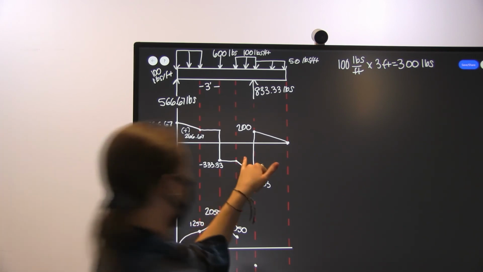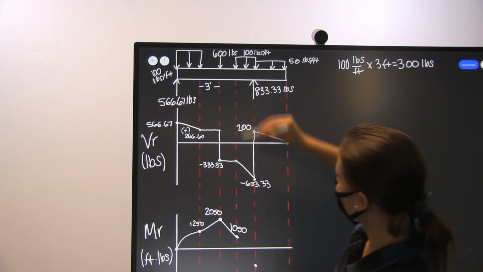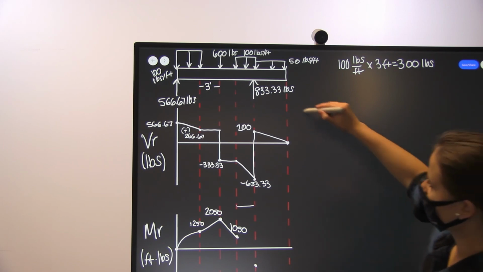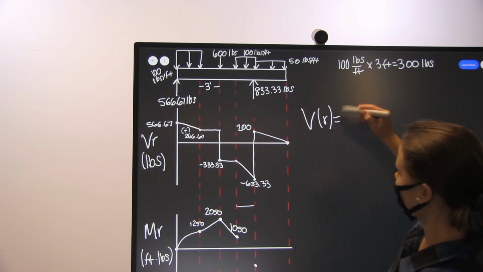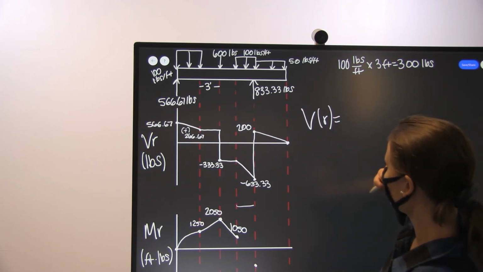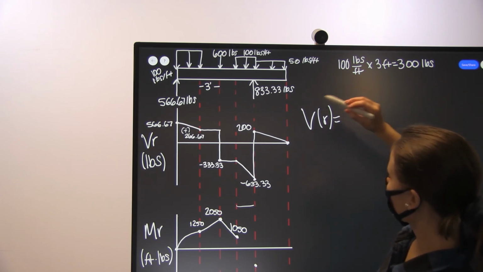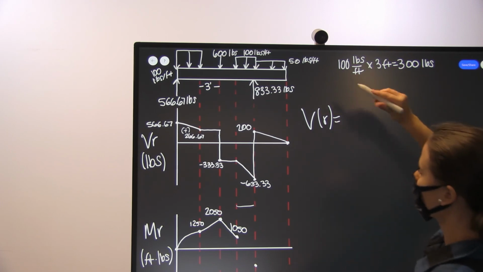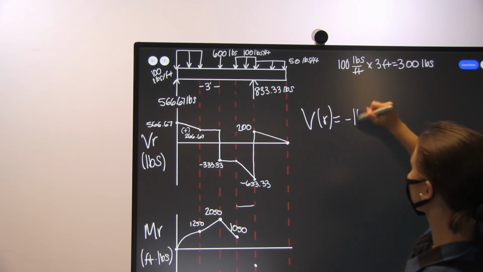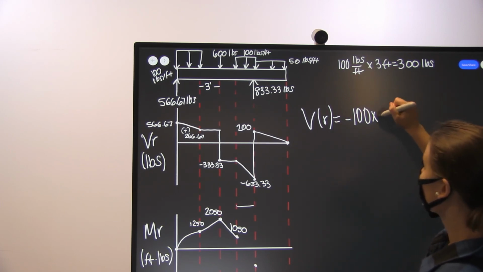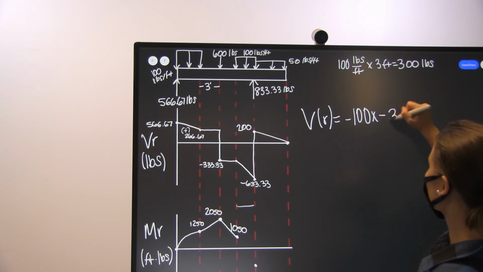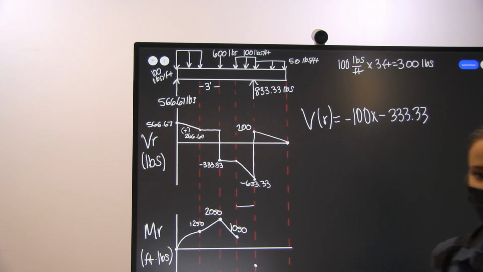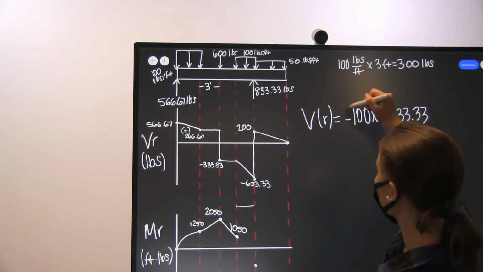Or if you're going to do the integral of this section here, the VR equation for that is going to be, so it's actually taking the distributed load, so it's going to be negative 100x minus 333.33. And then for the moment of that, you just take the integral.